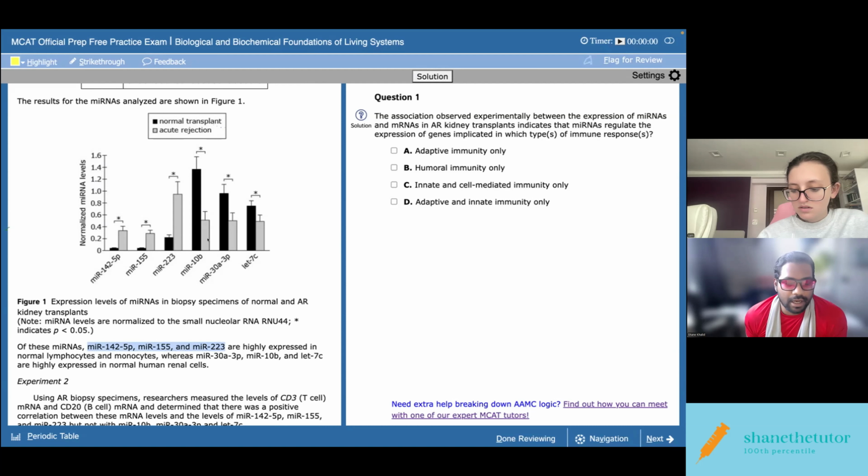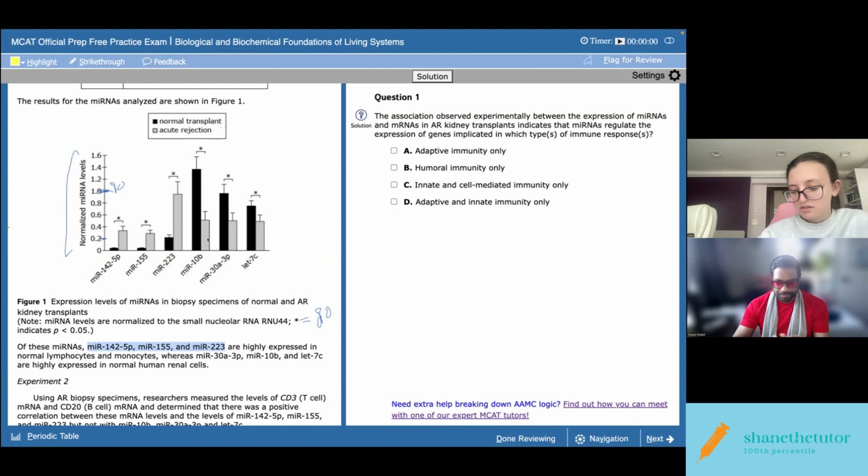In the caption, microRNA levels are normalized to the small nuclear RNA RNU44. So whatever this value is, let's say it's 80, then this number one here would be 80, and this over here would be a fifth of that, etc. Normalized, you'll see it a lot in graphs and charts, and it just means you're taking something and equating it to 1 or 100, and everything else is a factor of that.